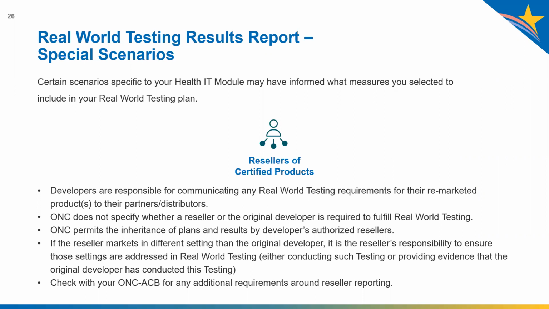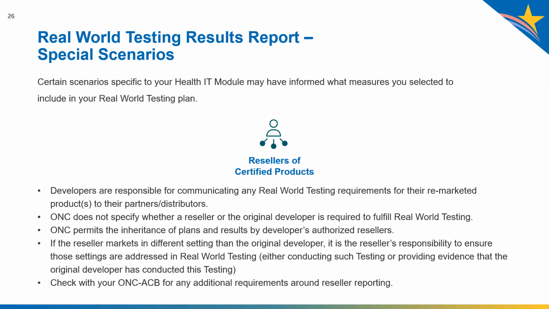So when your products are being remarketed, ONC does not specify whether or not the reseller or the original developer is required to fulfill real world testing, okay? We do permit the inheritance of plans and results by developers for their authorized resellers to leverage so that they can meet these requirements.